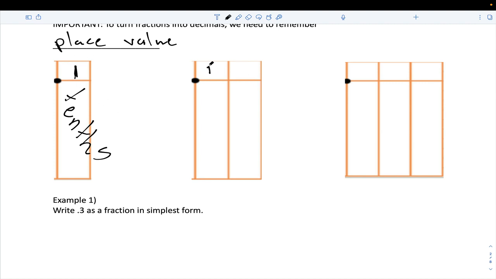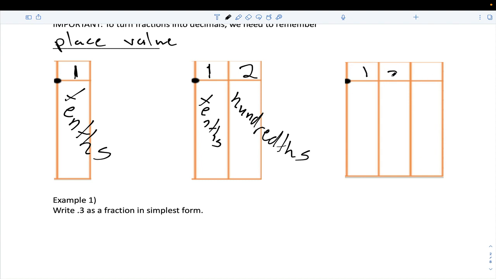If we wanted 0.12, the 1 is still in the tenths place, but the 2 is now in the hundredths place. So 1 digit to the right of the decimal is tenths, 2 digits to the right is hundredths. Keep that in mind when we go to make a fraction.